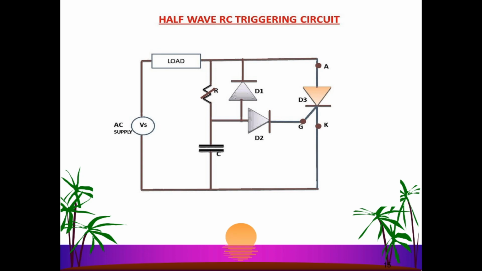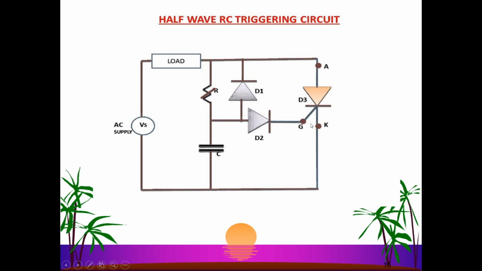The diode D1 anode side is connected to the RC part internally in the kit, you need not connect it. This part is also connected in the kit. Only these 4 points and these 3 points you have to connect, and the RC point.